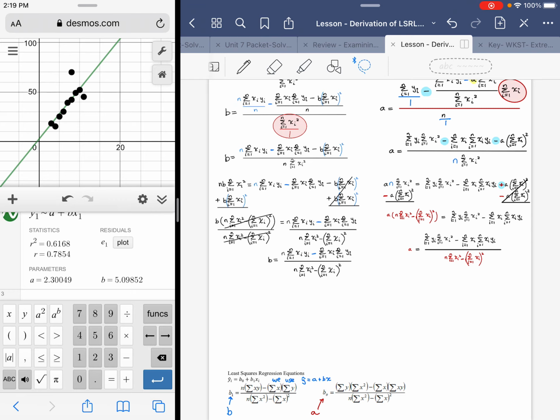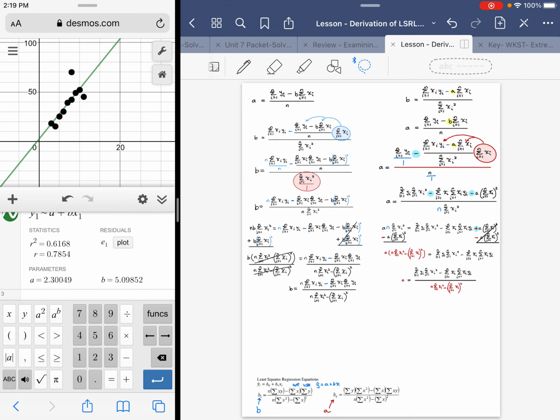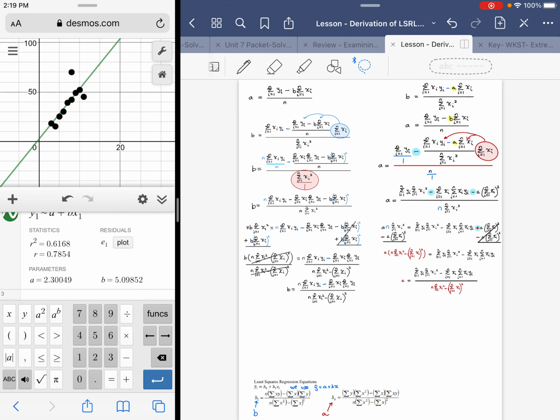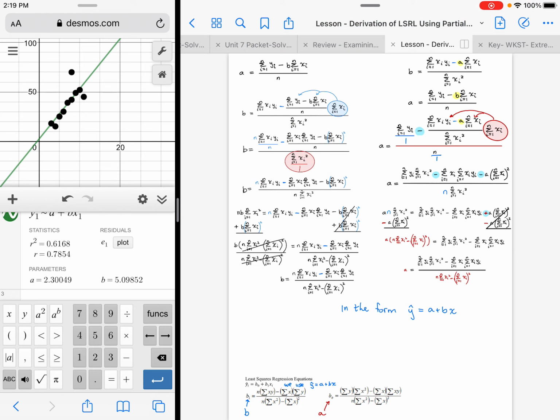And so those are our equations: one for the slope, the b, and one for the intercept, which would be the a value. And again, it's in the form of y hat is equal to a plus bx. And so there it is.